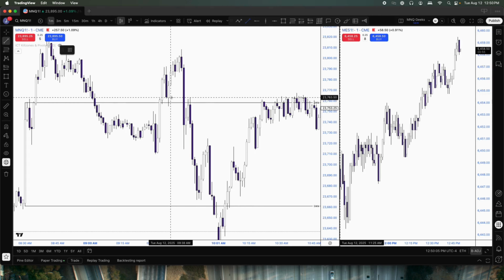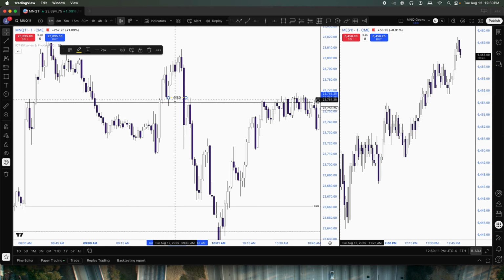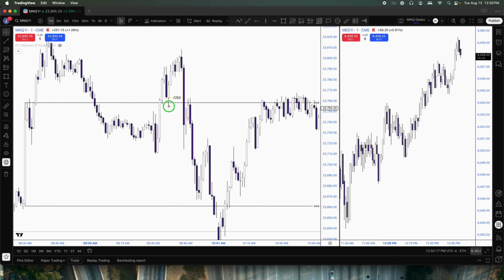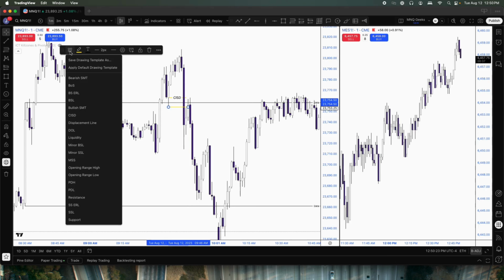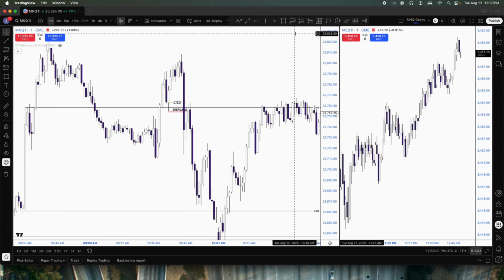So initially, I see a change in the state of delivery right over here because we displaced and closed below the last up close candle. So that is a change in the state of delivery. We also have displacement beneath this prior protected low. So we displaced a low and we had a change in the state of delivery, which is just for the candle bodies.